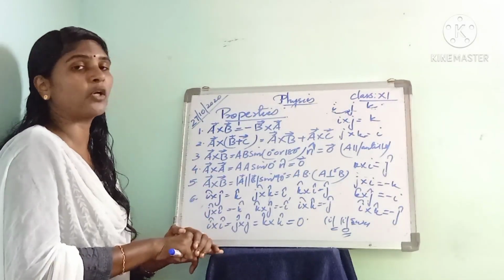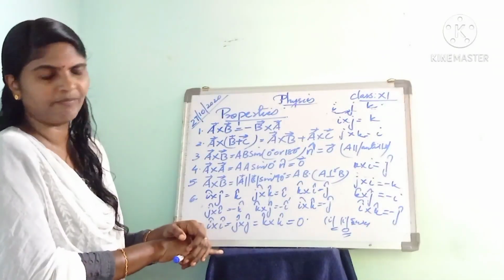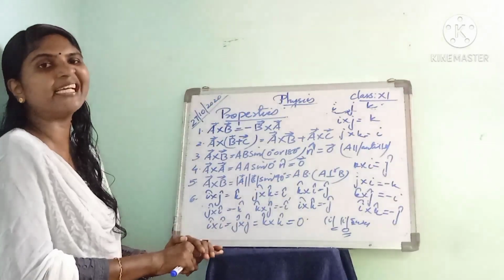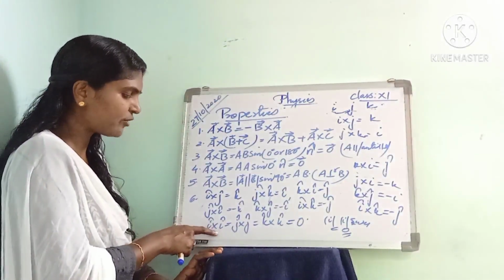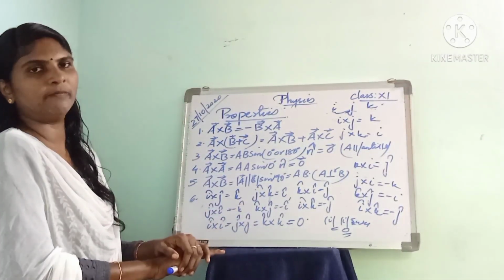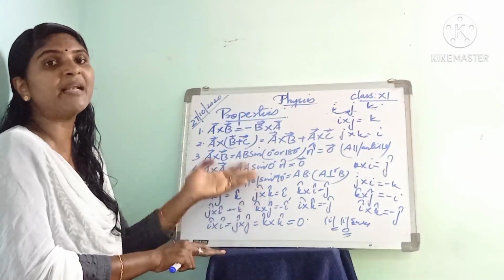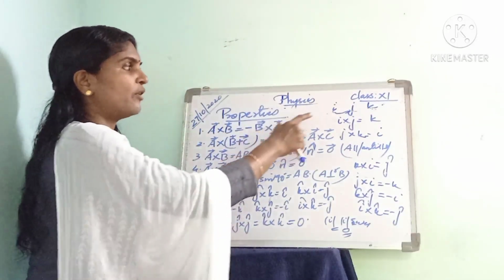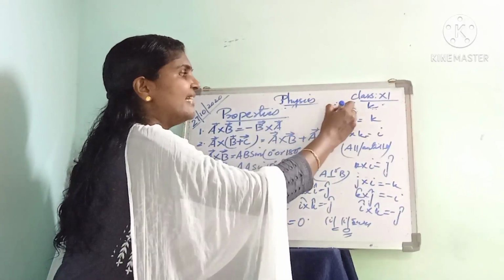Next comes the cross product of orthogonal vectors. While taking the cross product of similar unity vectors, you will get a zero vector. So we can write i cross i equal to j cross j equal to k cross k equal to 0. Then the cross product of different unity vectors is cyclic. Suppose we have three vectors i, j and k.